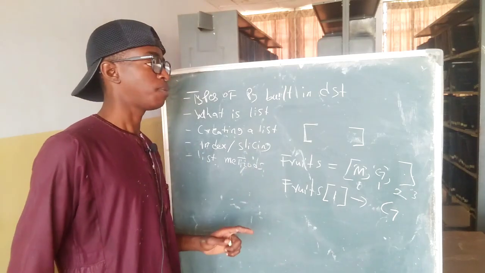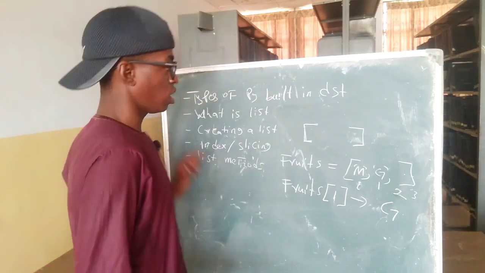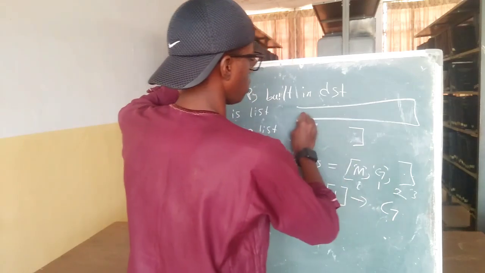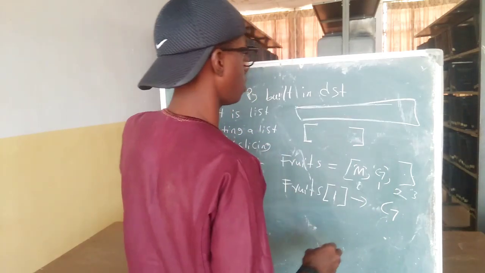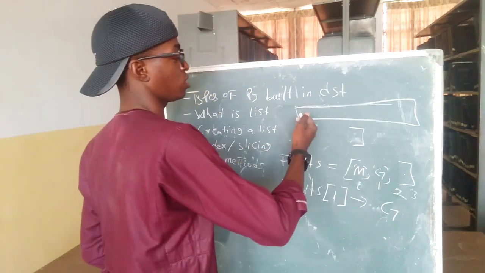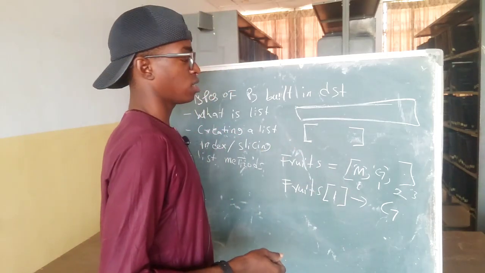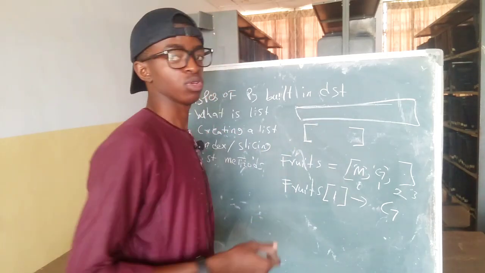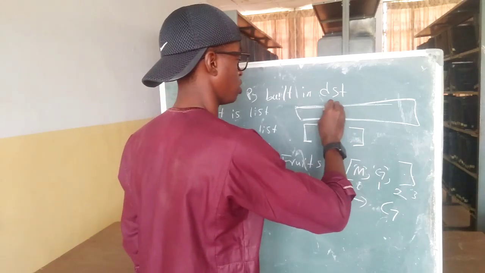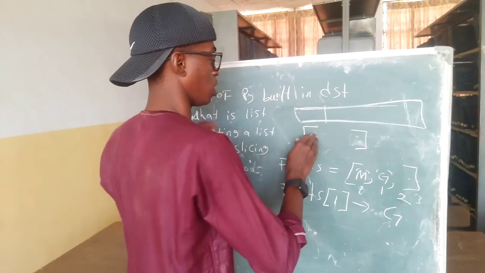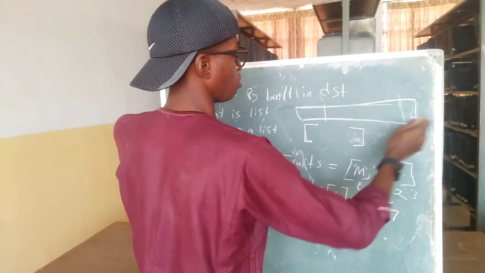So what is slicing? Slicing is just like, let's say, this is a piece of wood. If you like, you can slice some portion of this wood. I can say, okay, let me cut here and take this part and remove it with this part.